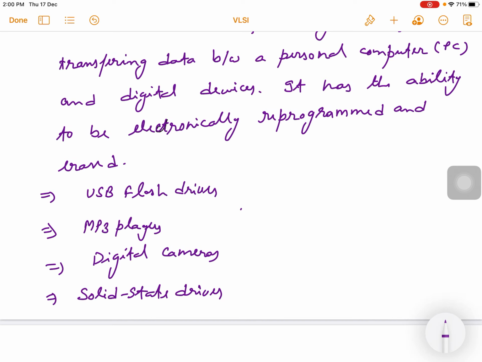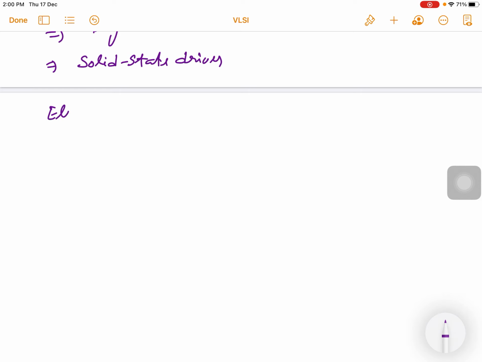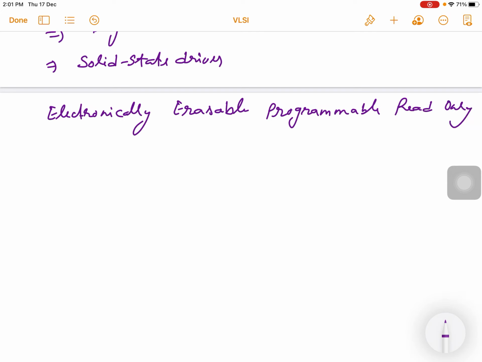So, which I told you is electronically programmable, reprogrammable. So, the term that comes is electronically erasable programmable read only memory, that means EEPROM. That is the example of flash memory.